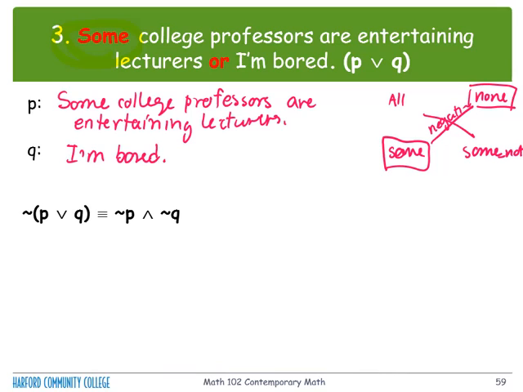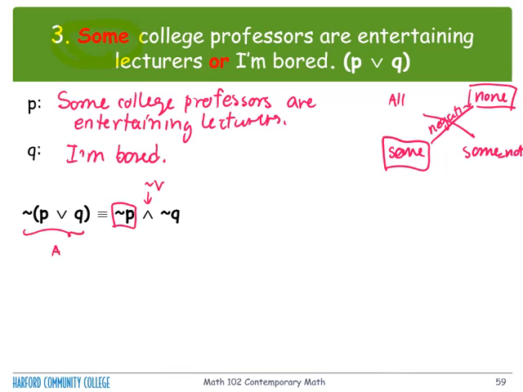Negation of P or Q: use De Morgan's law. We apply negation to P to form negation P, the negation of or becomes and, and the negation of Q is not Q.